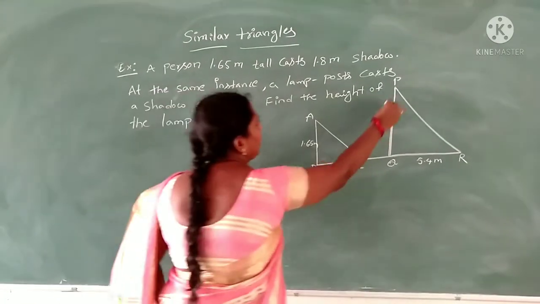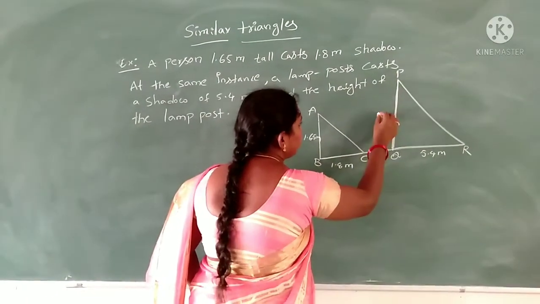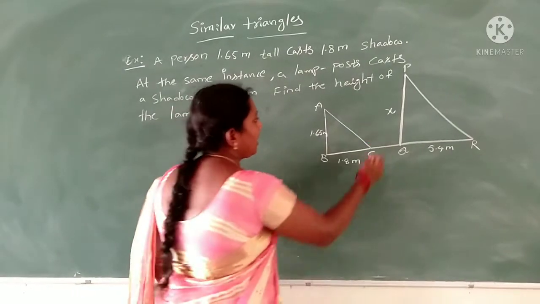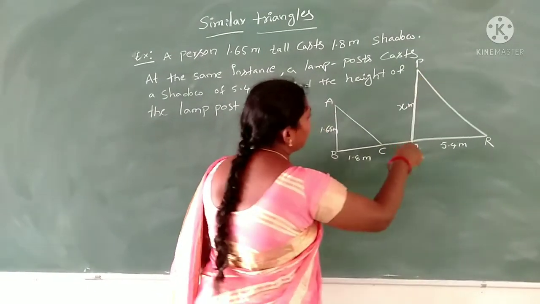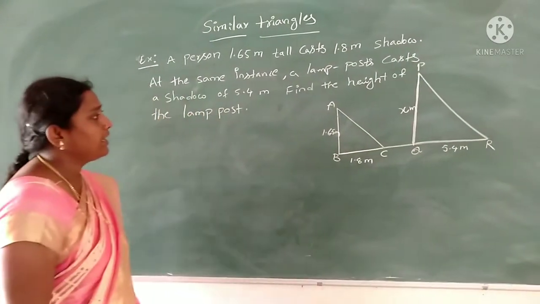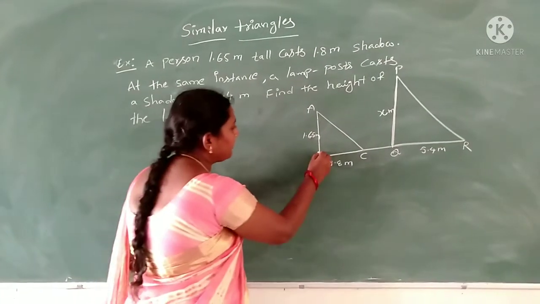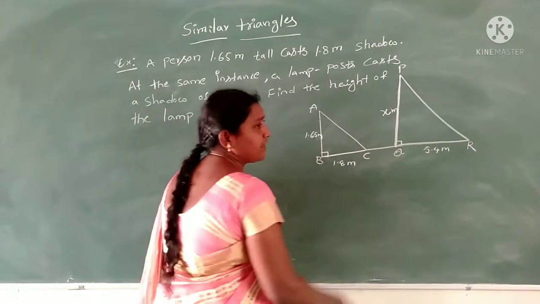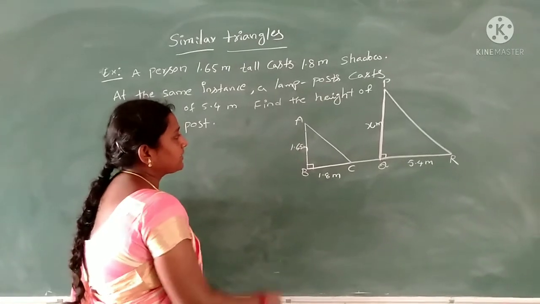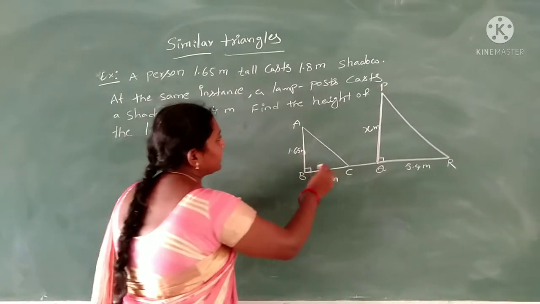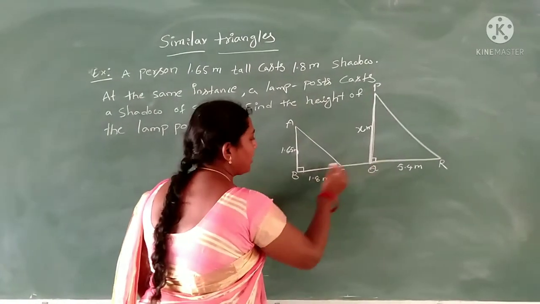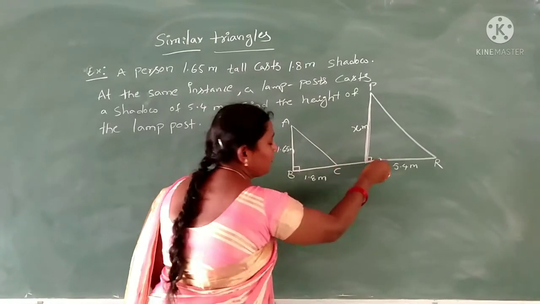Let the height of the lamp post be x meters. Next, angle B and angle Q are 90 degrees because a person and a lamp post are always perpendicular to the base.